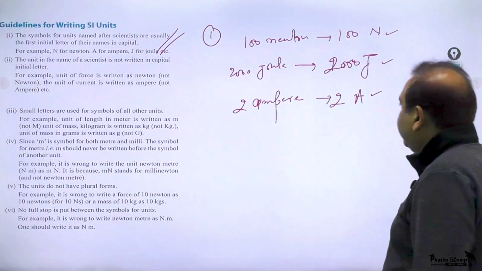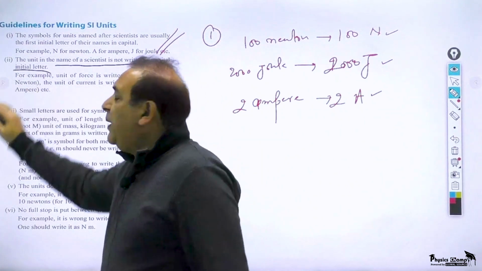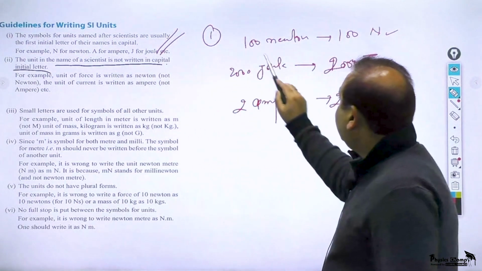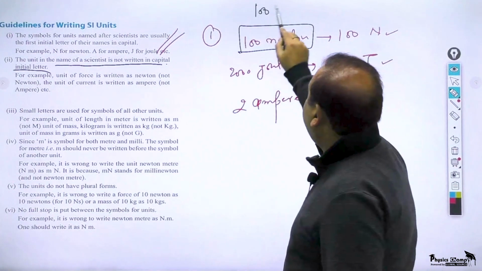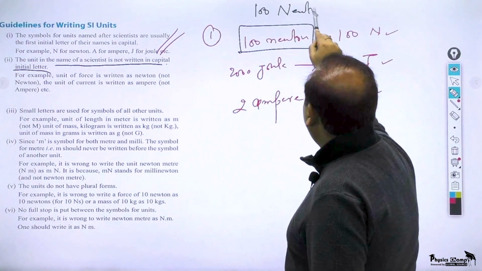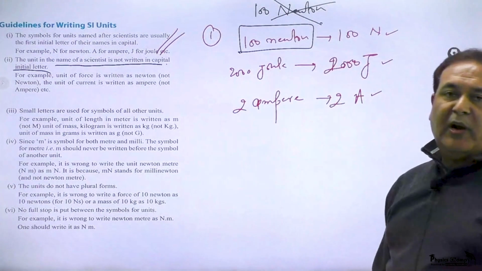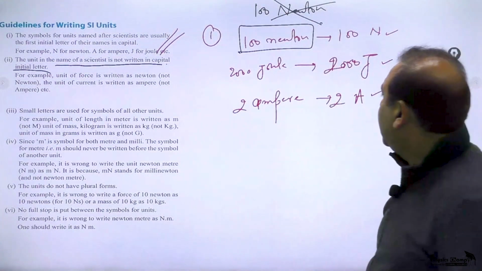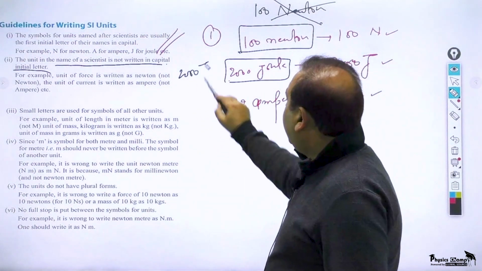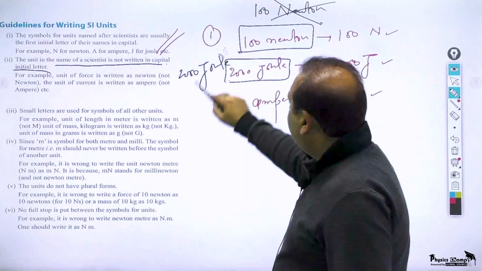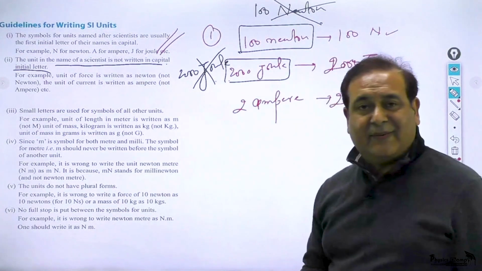Second, the unit named after a scientist is not written with a capital initial letter when written in full. So whenever you are writing just the name, 100 Newton with a capital N is incorrect. It has to be newton, with a small initial letter. Similarly, 2000 joule cannot be written with a capital J, it should start with a small letter.